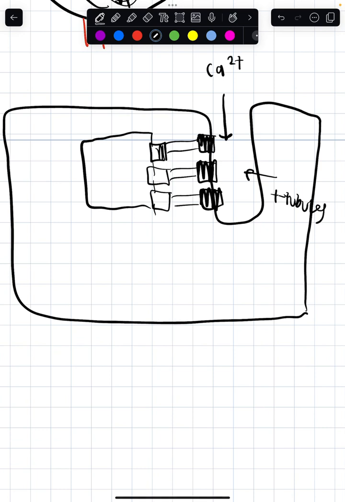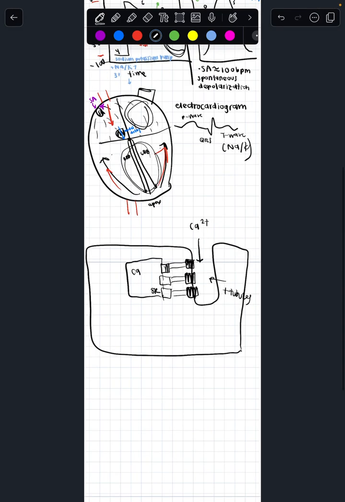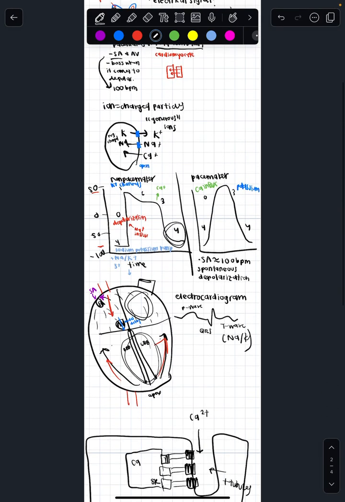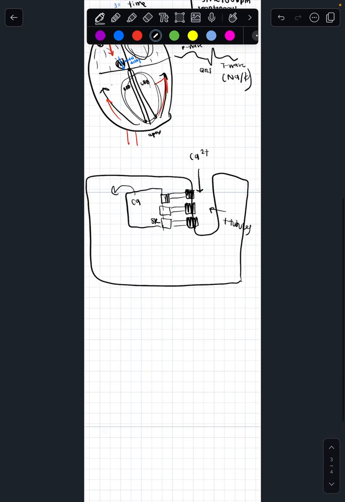One of the things your sarcoplasmic reticulum is responsible for is releasing calcium. And if you'll remember, calcium is really important in both our cardiomyocytes and our non-pacemakers. So it releases calcium from the sarcoplasmic reticulum. And once we spit this calcium out, we have our excitation-contraction coupling, our actual muscle contraction.